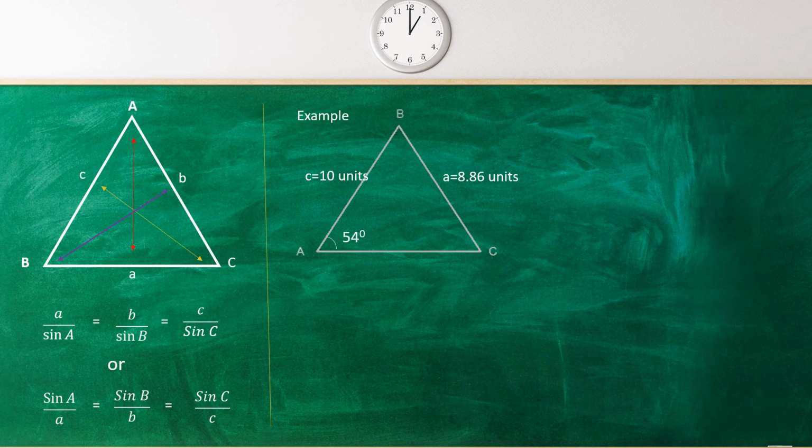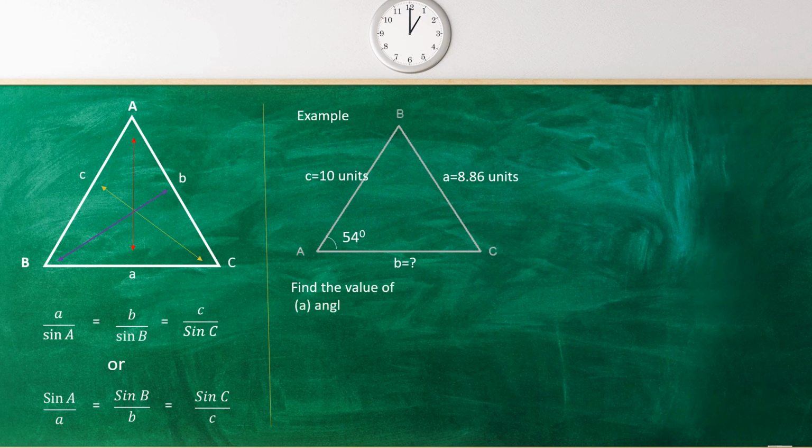Now we are required to find the side B, and we are also required to find the angle ACB, that is the angle at C. So let us start by looking for the angle at C.